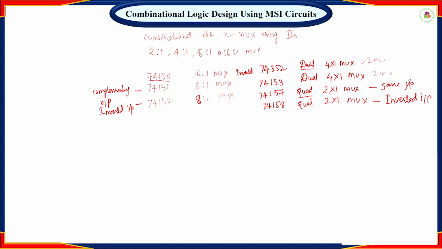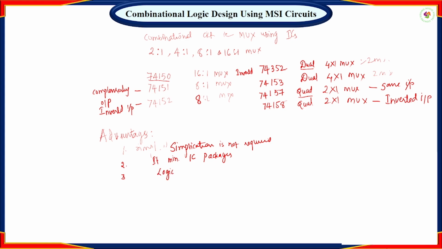Now, what are the advantages of these multiplexers? First, simplification of expression is not required. Second, it minimizes IC packages. And third, logic design is simplified.